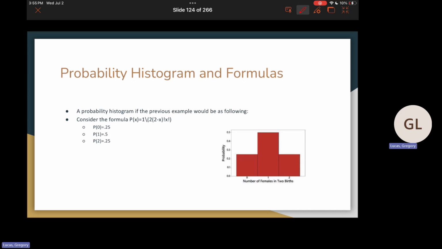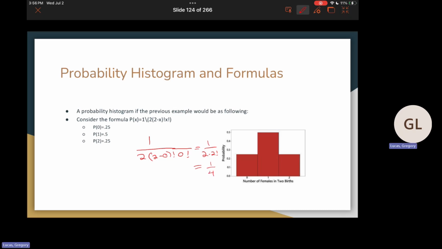I won't make you calculate this, but what this is saying is if we have 1 over 2 times (2 minus x) factorial times x factorial, if x is 0, 2 minus 0 is 2. This is 1 over 2 times 2 factorial. 0 factorial is just 1, so that can go away. 2 factorial is 2 times 1.